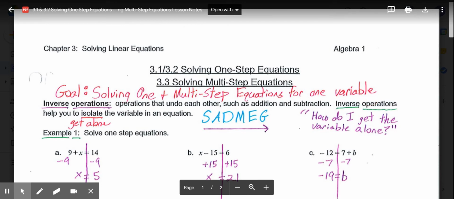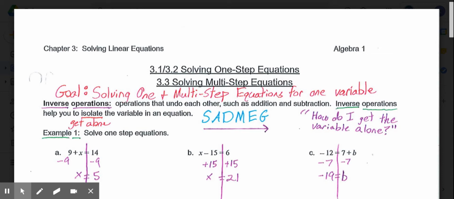In order to solve any equation, you need to first understand the concept of inverse operations. Inverse operations are operations that undo each other. Addition and subtraction are inverse operations. Multiplication and division are inverse operations. A second power, or something squared, and the square root are also inverse operations.